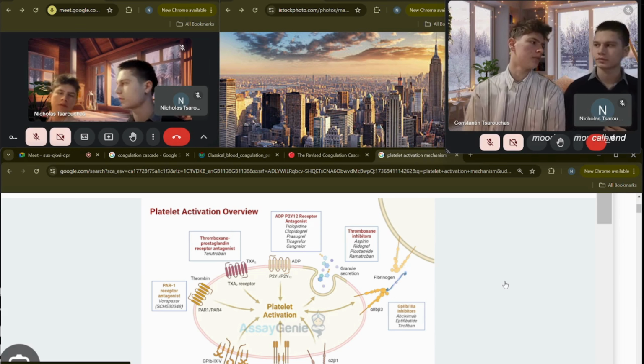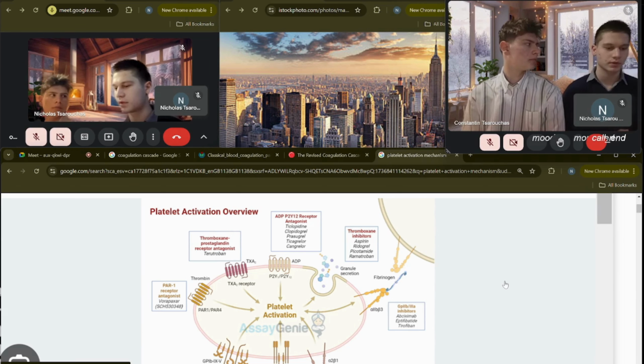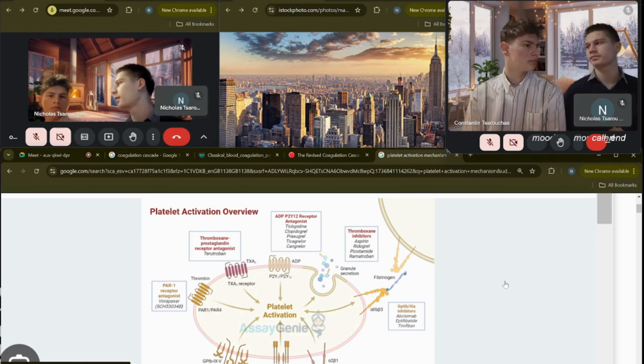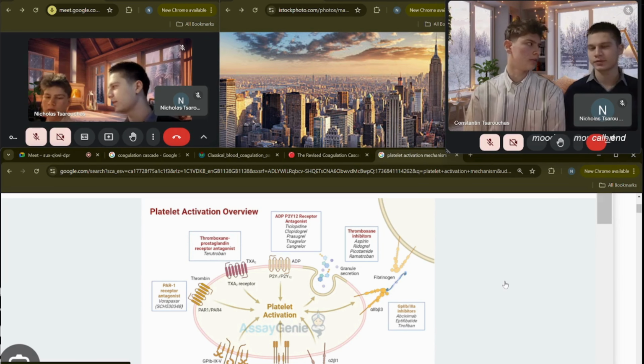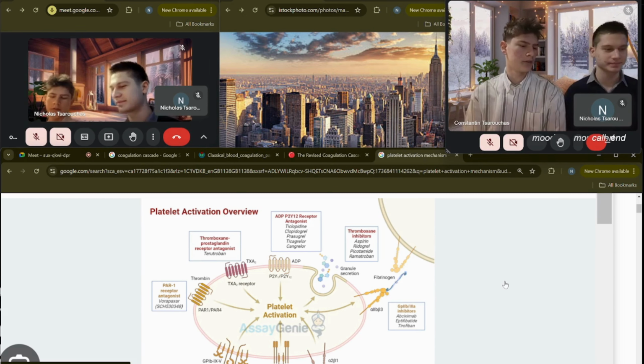Is the thromboxane a protein? No, it's formed from the phospholipid membrane. Okay. So I would have to say it's a glycoprotein. Okay. Anything else? Okay.